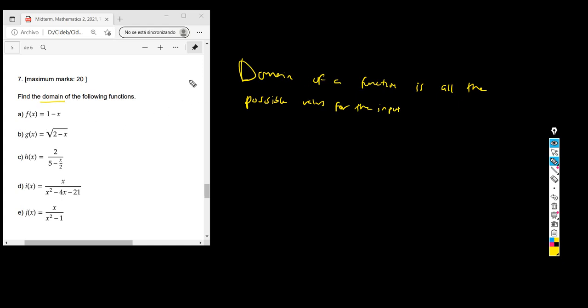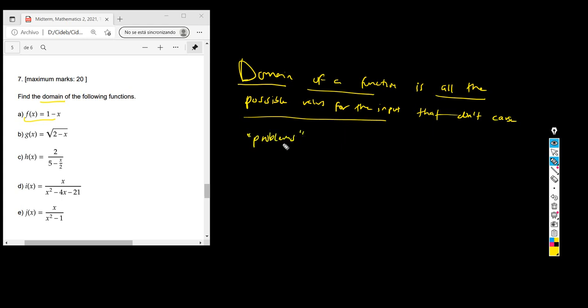I mean, mostly when they are represented as equations. When you have a function given as an equation, then as the domain of such function, you have to consider all the possible values for the input that don't cause problems. Remember, quotation mark.